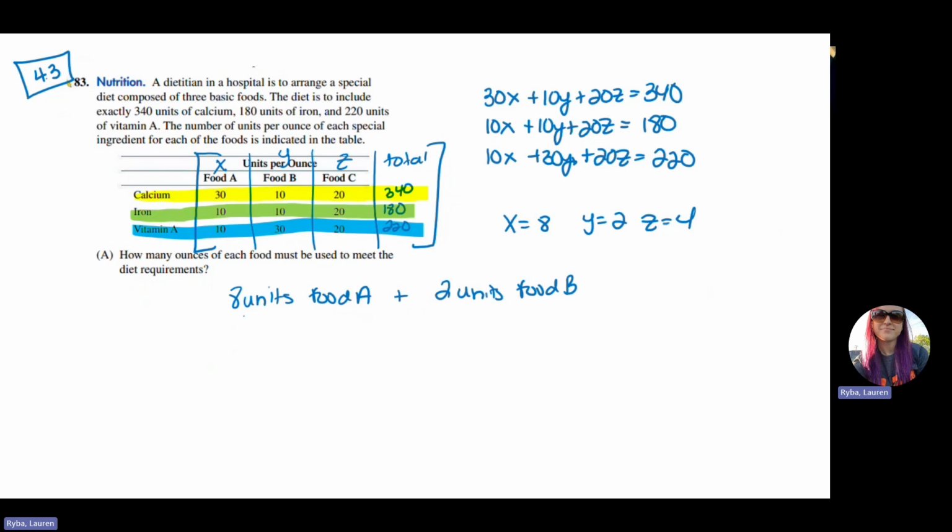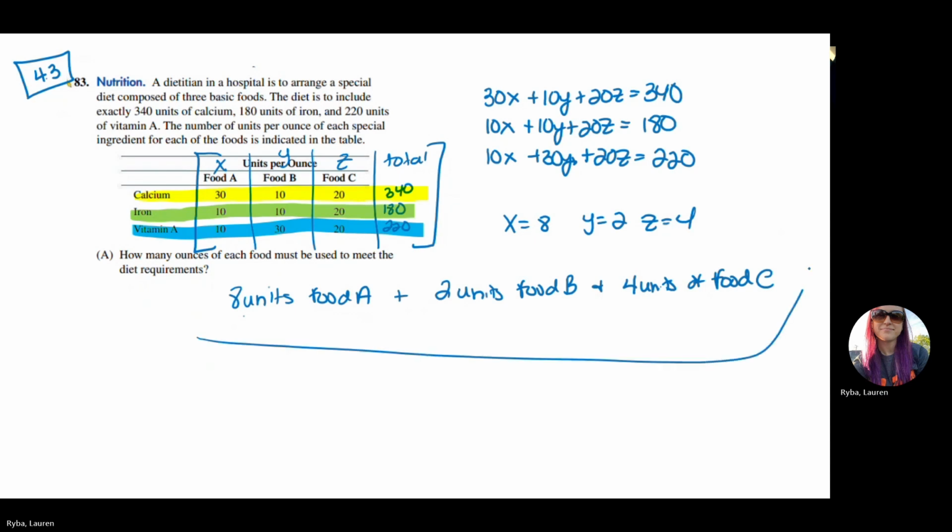It's all 3 of these combined that reach my target goal. 2 units of food B, and then 4 units of food C. So I have to have food A, food B, and food C in different amounts to reach the target goals of those 3 vitamins and minerals.